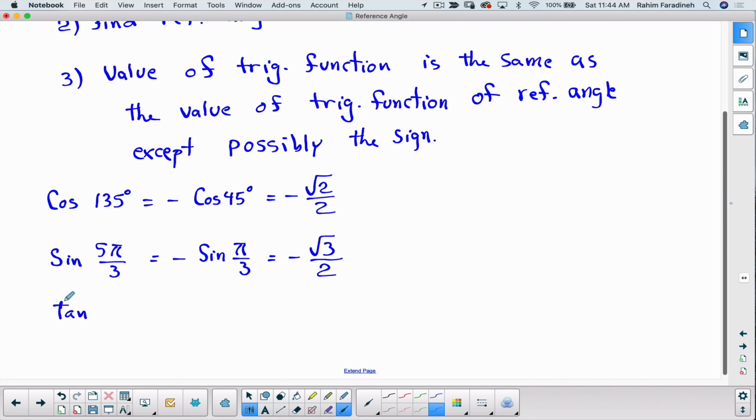Now what if we want to find tangent of 585 degrees? 585 is one revolution around the circle and then going 225 more.